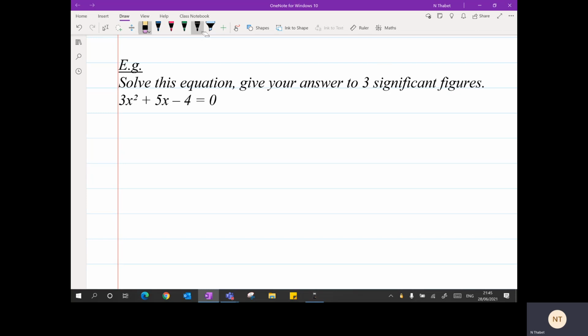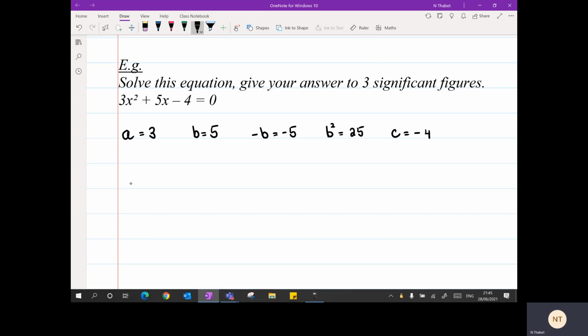Your first step is to extract the values that you need. So a is 3, b is a +5, so minus b is a -5, b squared is a +25, always positive, and c is -4.